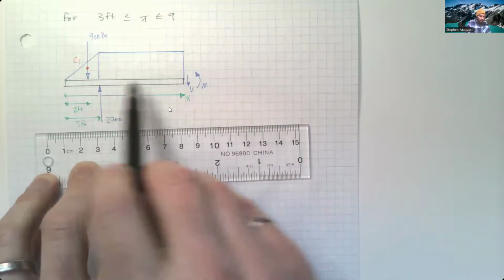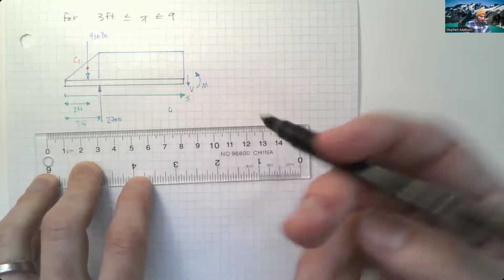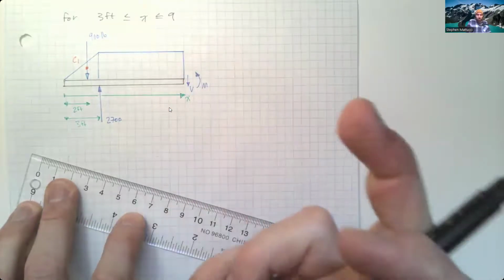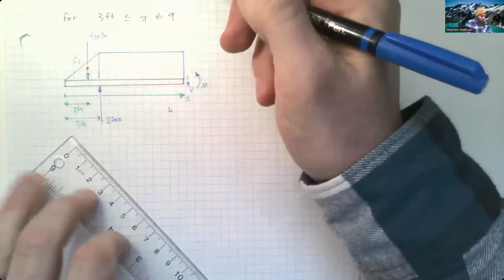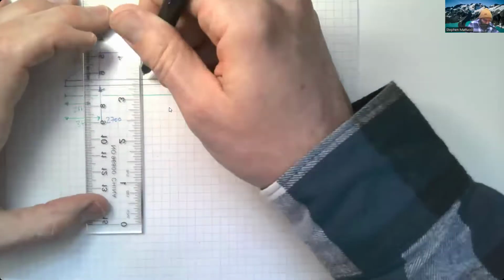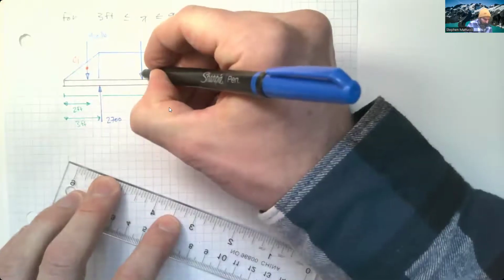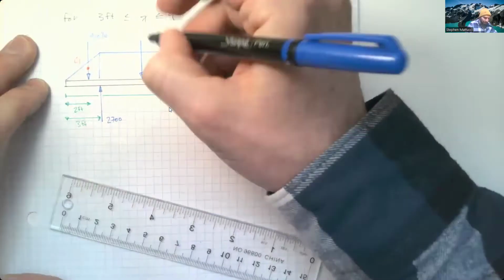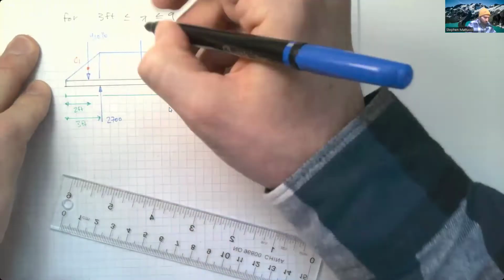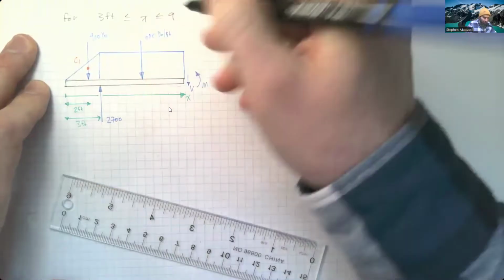So now we have our rectangular distributed load that is a function of x. So as x moves forward, our rectangular distributed load is going to get larger. So at the halfway point currently, I know that the magnitude is going to be 600 pounds per foot.